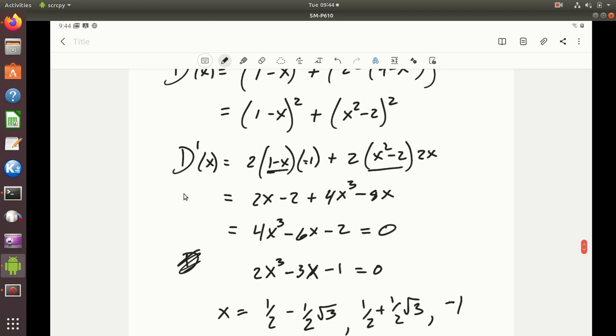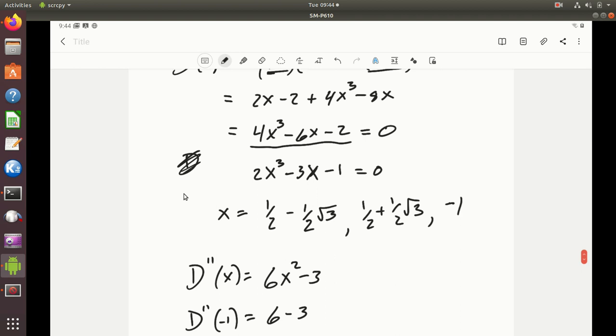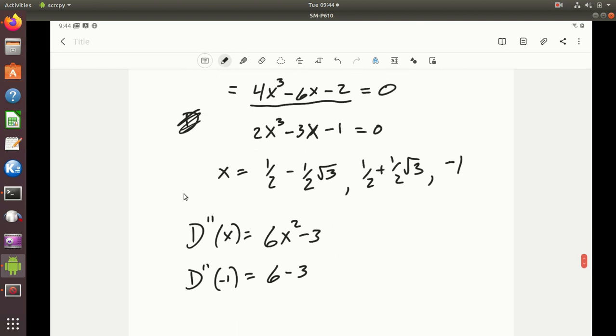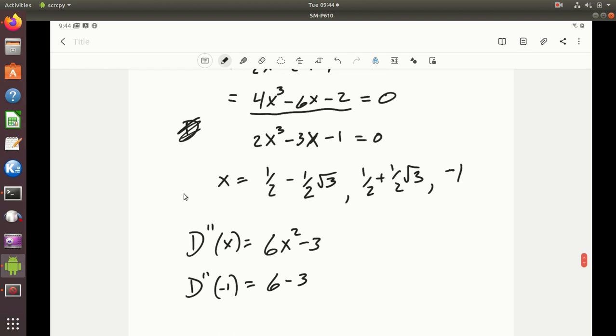Well, it should actually be 2 times that, because there's my actual derivative. But oh, that does make a difference. Yes, gotta work with the real derivative.